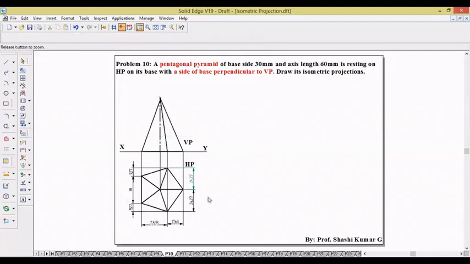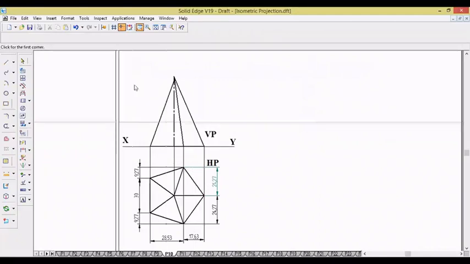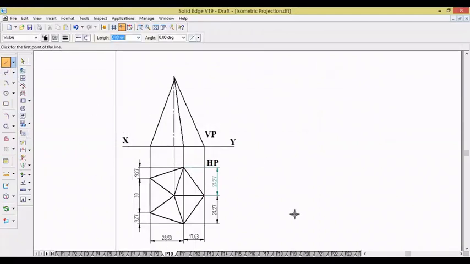I take a little bit of zoom. 28.53 on 30-degree line. 17.63, 30 degree. 24.27, 150 degree. 24.27, 150 degree. 17.63 minus 150 degree. 28.53 minus 150 degree.